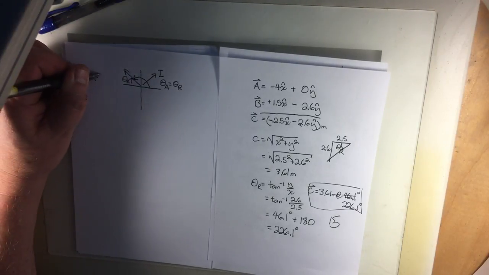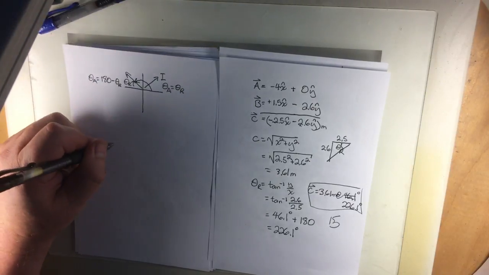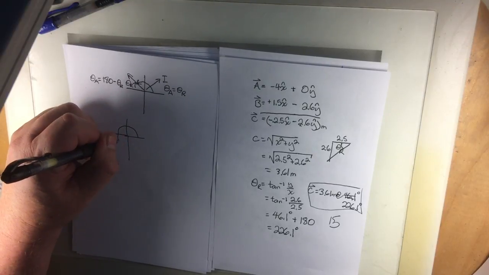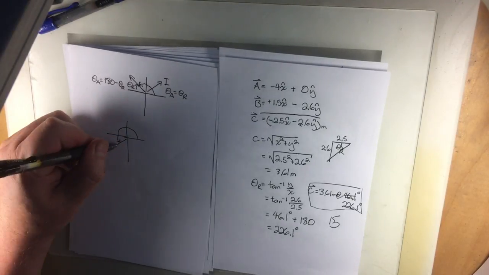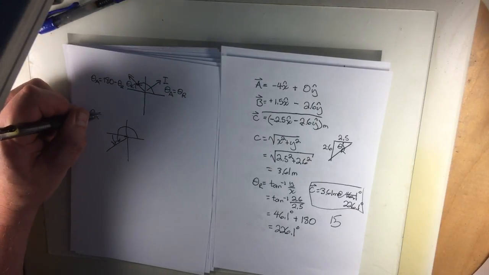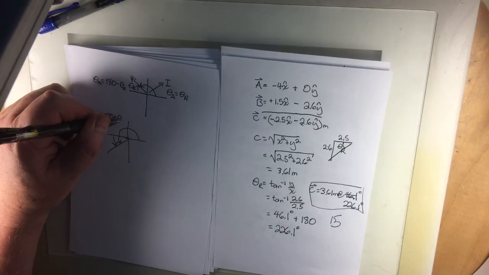So absolute is equal to 180 minus your reference angle. For third quadrant, that's your absolute, that's your reference. So absolute is equal to 180 plus theta r.